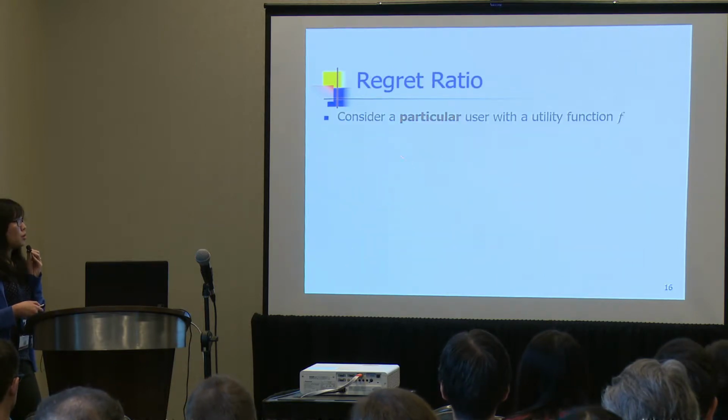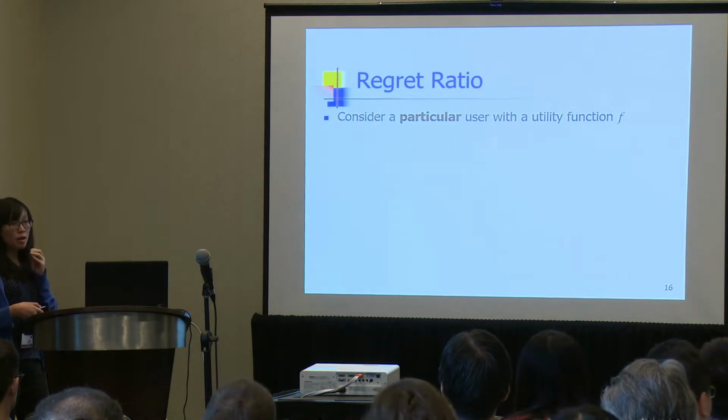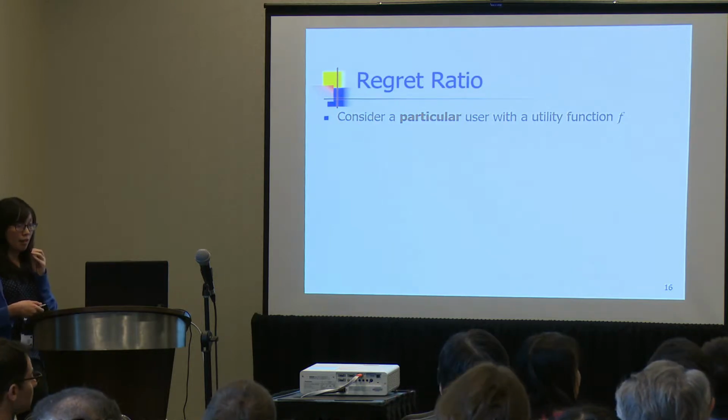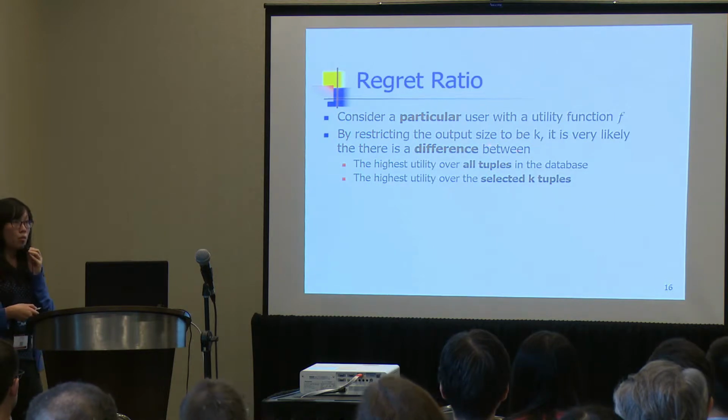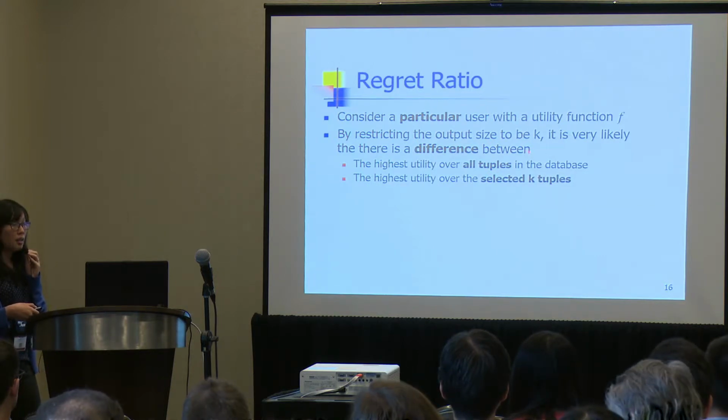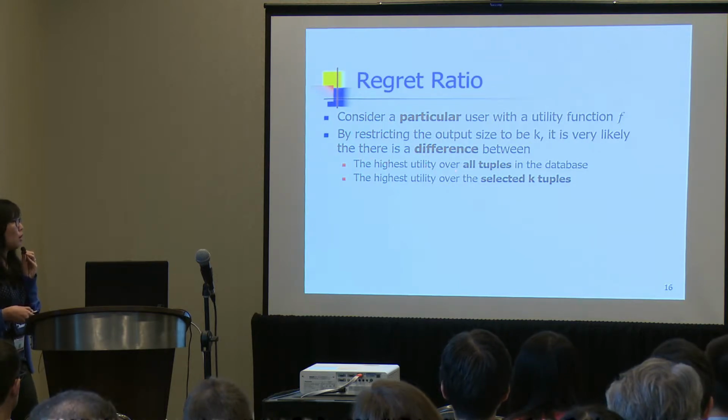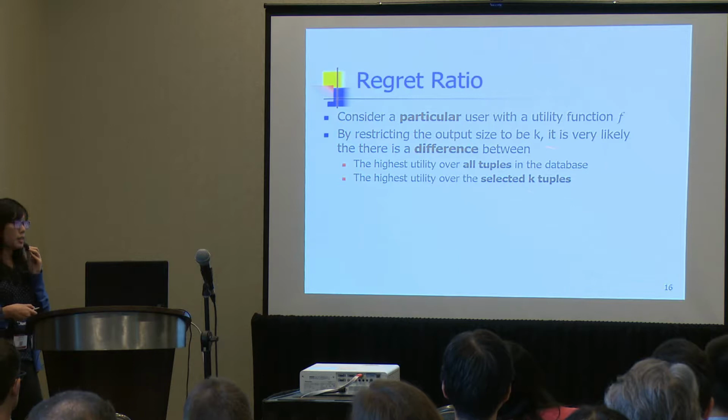Consider a particular user with a certain utility function f. Since we restrict the output size to be at most k, it is very likely that there is a difference between the highest utility over all tuples in the database and the highest utility over the selected k tuples in the database. Consider the highest utility over all tuples in a database.